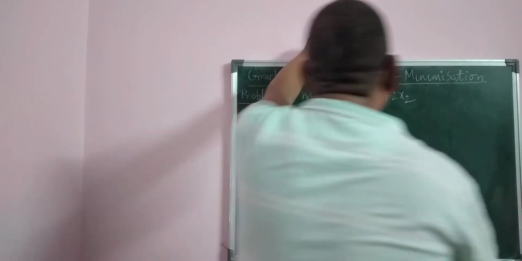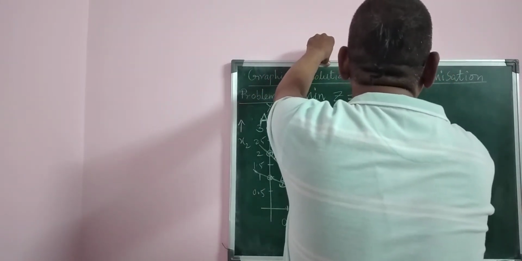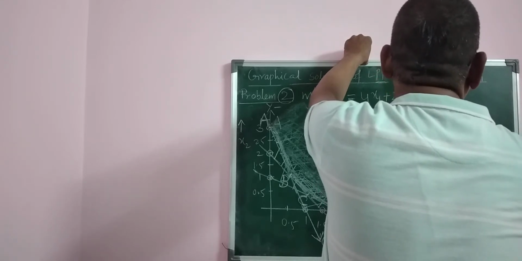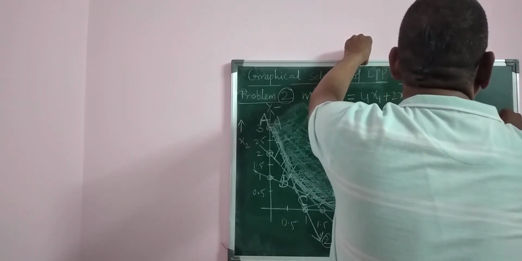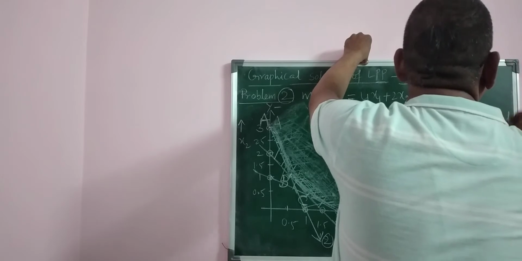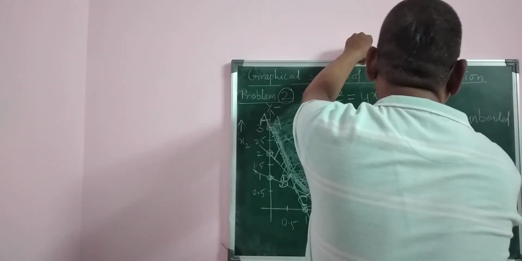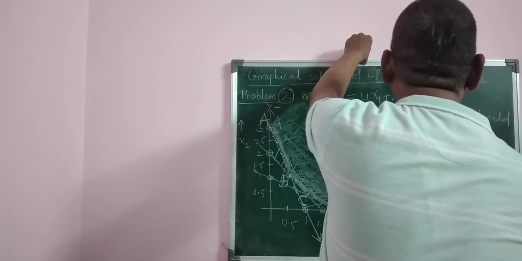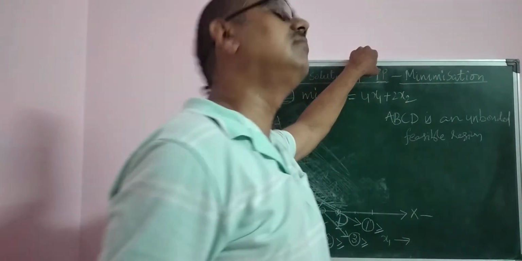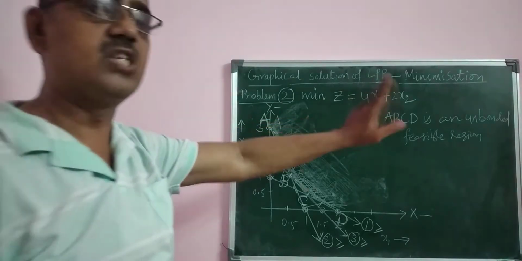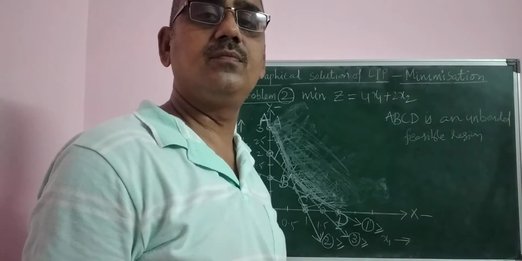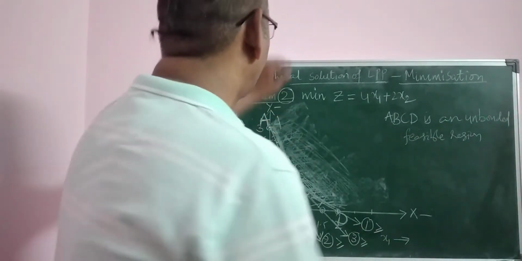Now I write: A, B, C, D is an unbounded feasible region. You should not ask why I am specifying it as feasible first, because it is feasible, I tell you. So ABCD is an unbounded feasible region. This is an unbounded region.